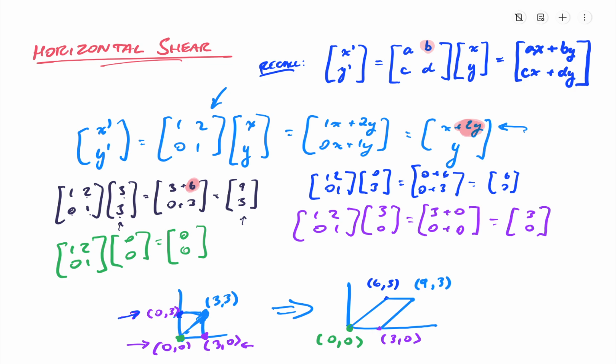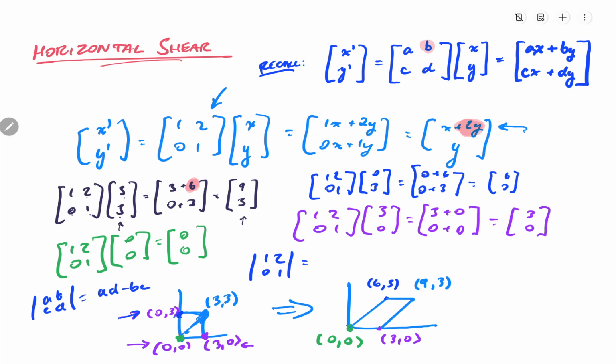So let's take the determinant of our transformation matrix. The formula for a matrix A, B, C, D is AD minus BC.